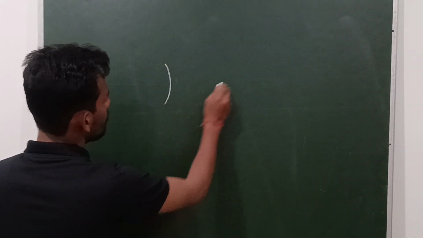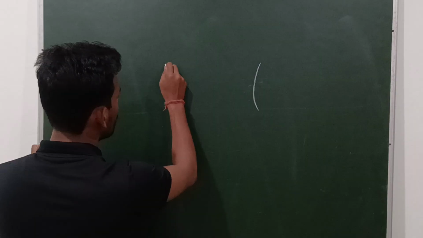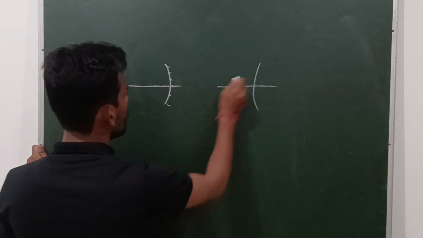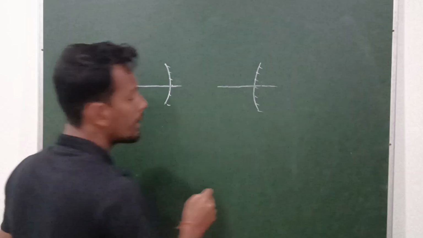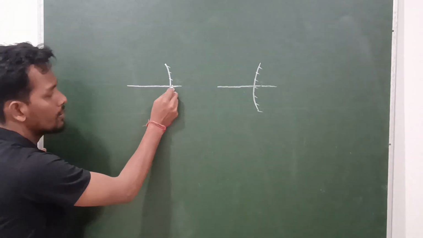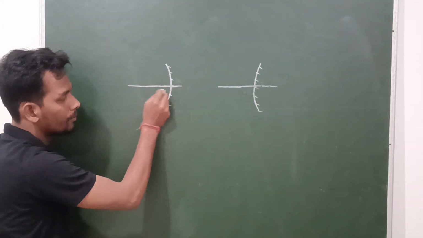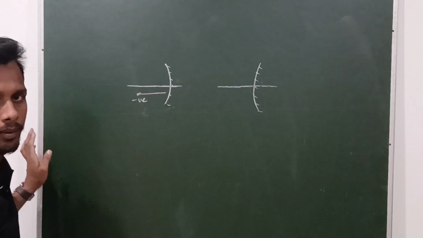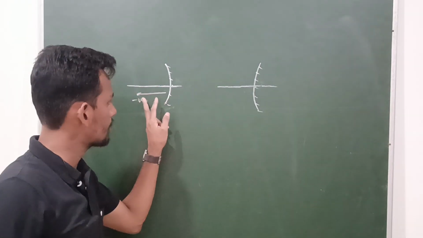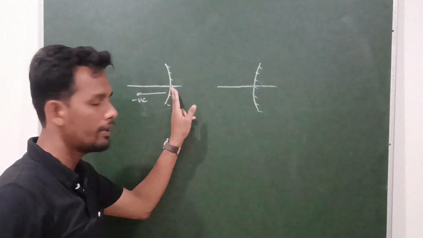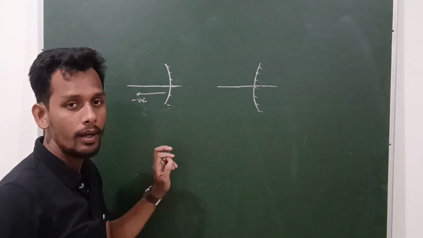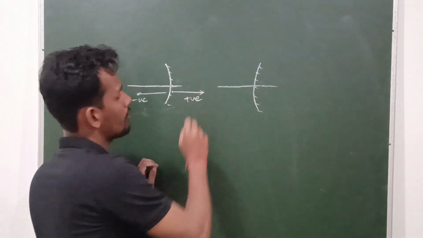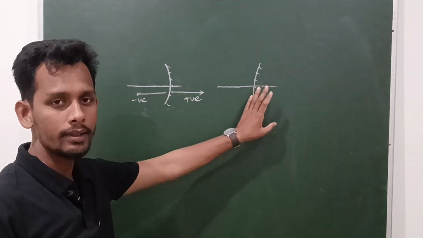In case of concave or convex mirror, so this is concave, this is convex mirror. The distance which you travel towards left from the mirror is always negative. The distance which you travel towards right from the mirror is always positive. This is same for both the cases.